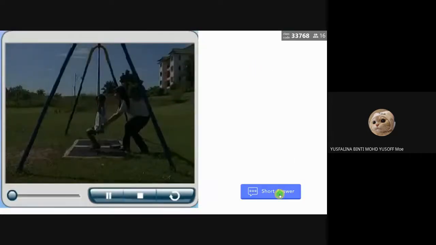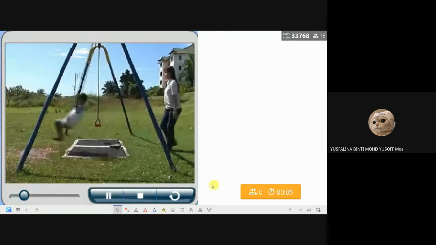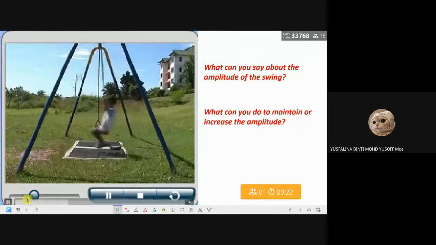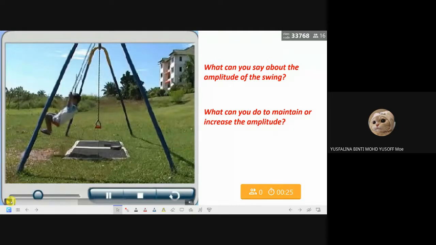Can you please answer this question? What can you say about the amplitude of the swing, and what can you do to maintain or increase the amplitude? You can type your answer and submit.